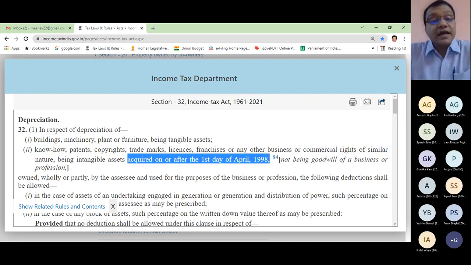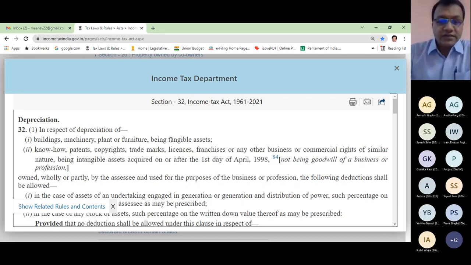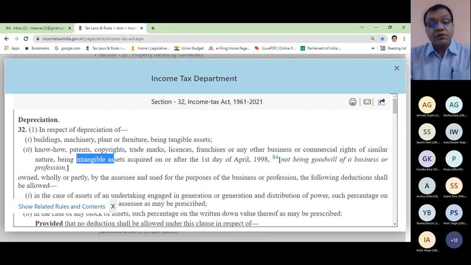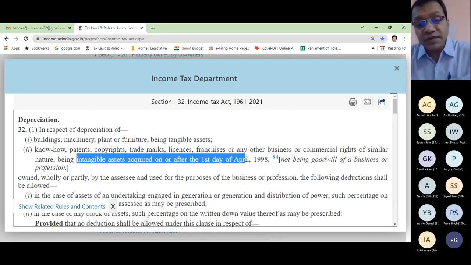I can say that depreciation is allowed on two types of assets as per the Act. Which are those assets? Tangible assets. Within tangible, only building, machinery, plant and furniture. So building is 1, machinery, plant 1, furniture 1. So technically three tangible assets. And some intangible assets which must be acquired on or after 1st April 1998.